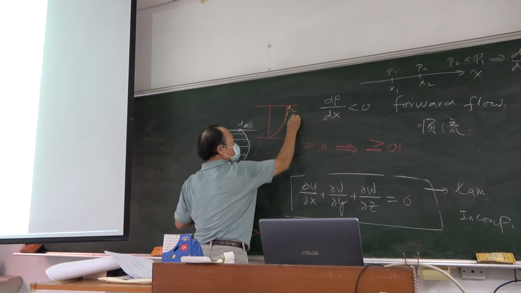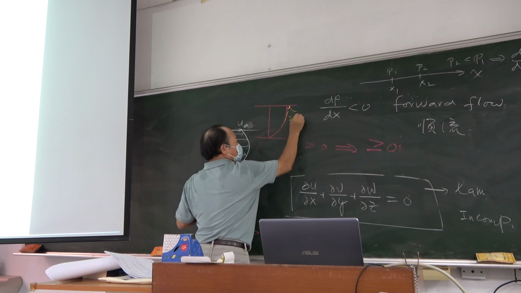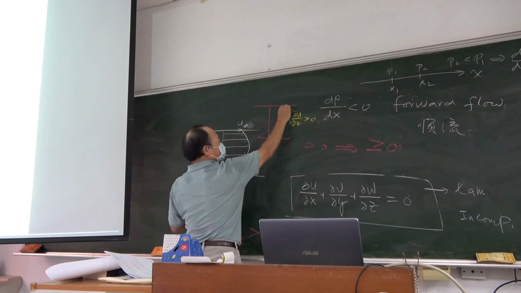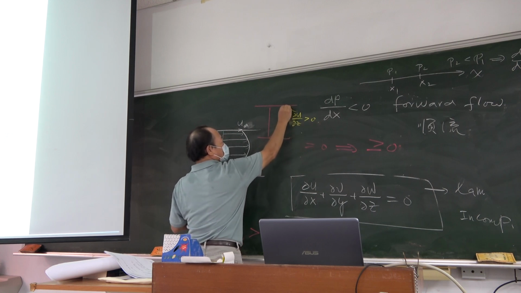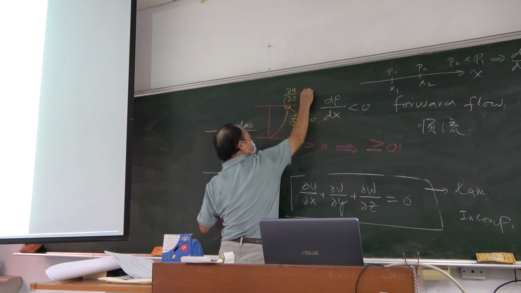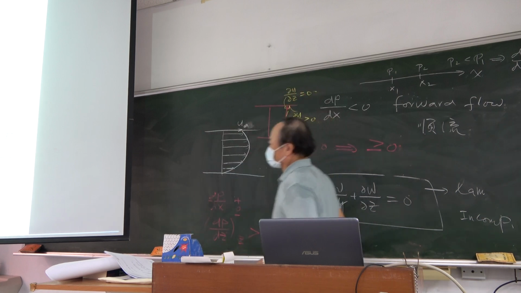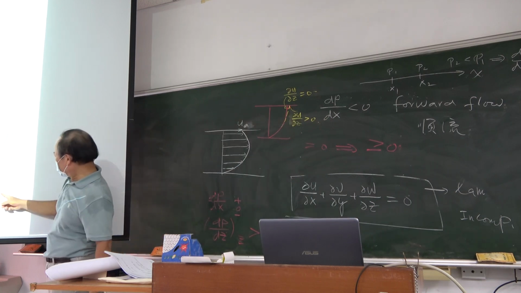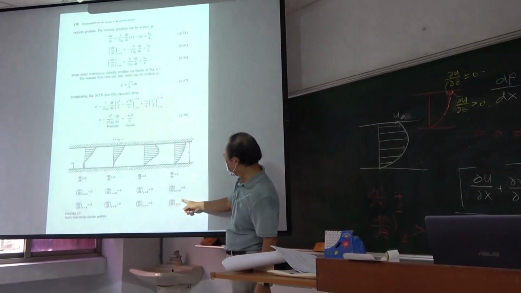This case is partial u, partial z, larger than 0. Here we have a right angle, then partial u, partial z equal to 0. So here, maybe larger or equal to 0.